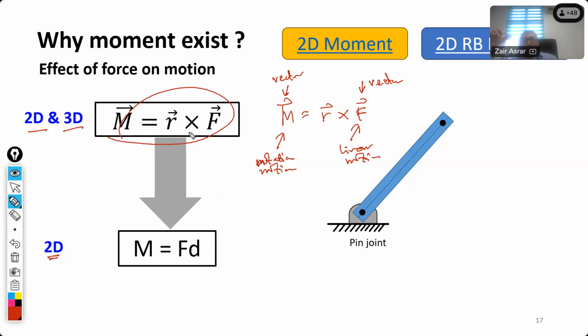For the 2D case, this equation can be simplified as moment equals force times distance. So we'll start off with this first to analyze moment problems in 2D. When we move into 3D, we'll see how we can apply this vector equation for both 2D and 3D cases.